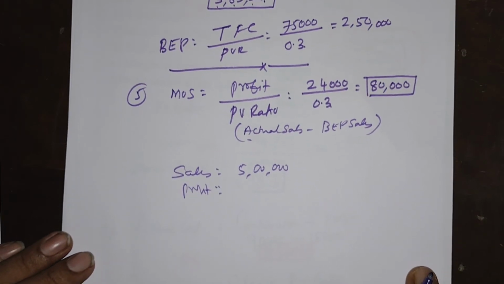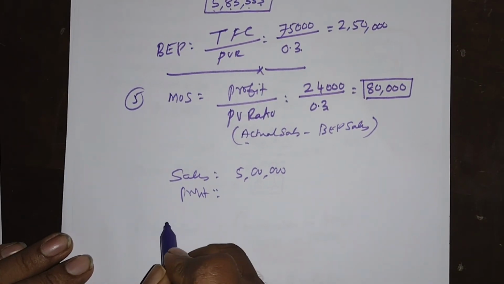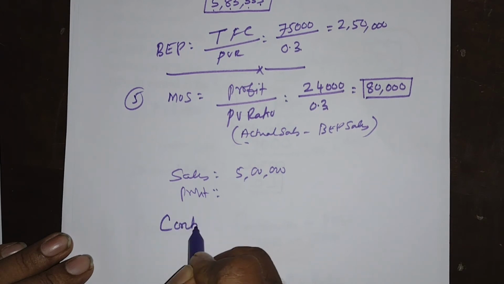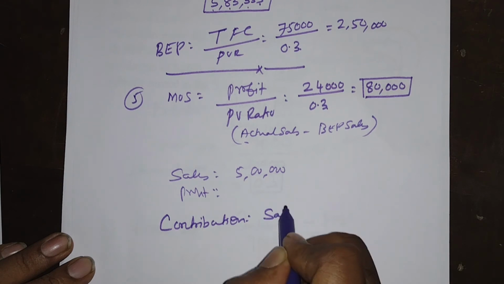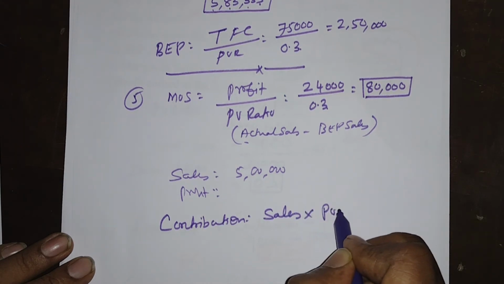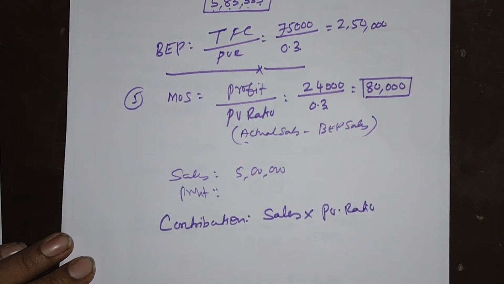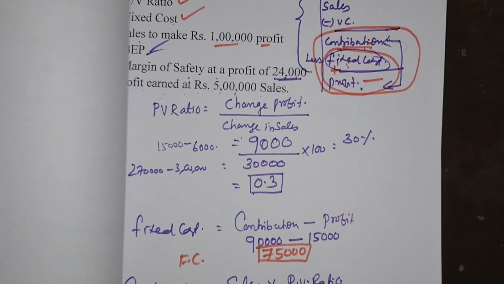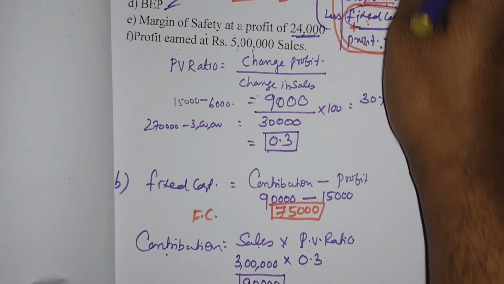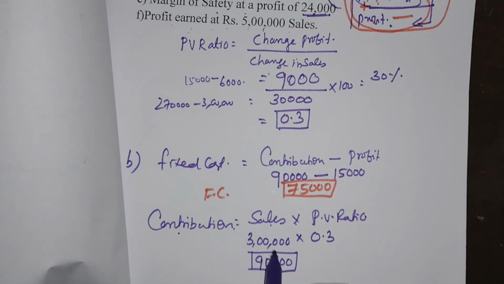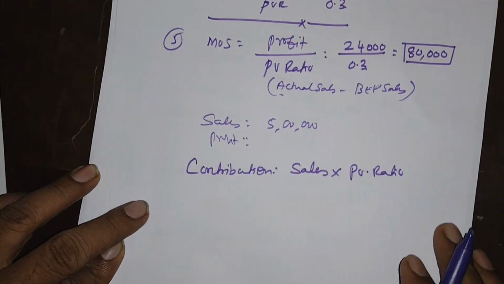Yes, because we have one formula: contribution is equal to sales into PV ratio. If you remember, we already calculated with this formula: sales 3 lakh into 0.3, we got 90,000. In the same manner, apply here.